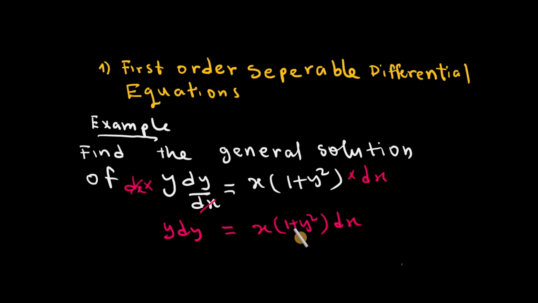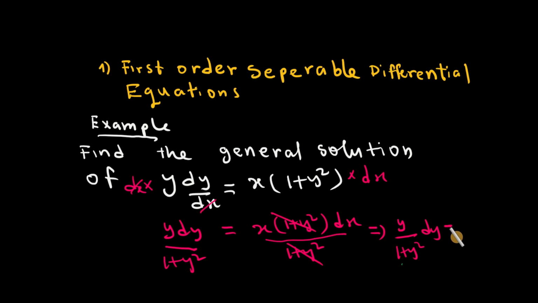Now I want the y variables to be on one side of the equal sign, so if I divide both sides of this equation by 1 plus y squared, this one will cancel here, and then I'll be left with y over (1 + y squared) dy = x dx.